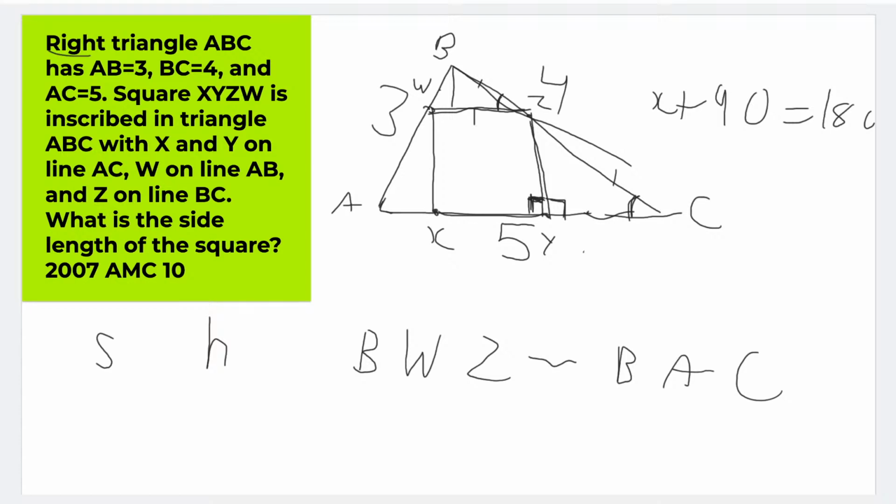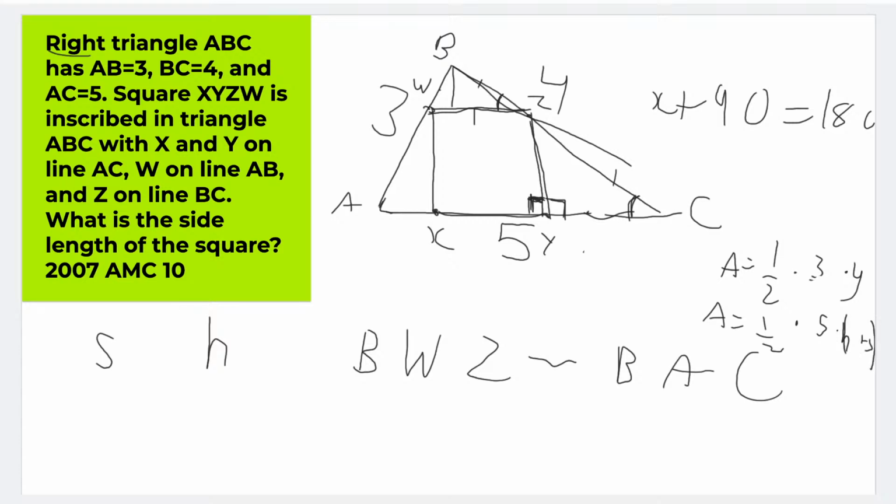There's another way of finding it: the height of a right triangle is drawn from the base to the vertex, and the area is 1/2 times 3 times 4, which should also equal the area of the triangle, 1/2 times 5 times the height, which is H plus S.